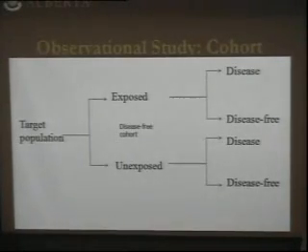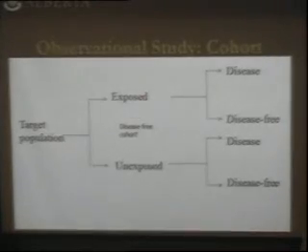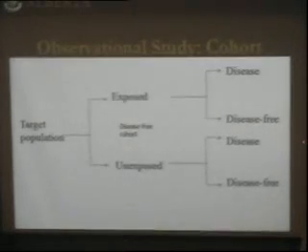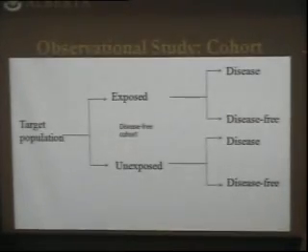There was a concern that women were having an increased number of abortions, spontaneous abortions, because they were sitting in front of a video display terminal. So what they did is they got a group of women, and then they determined who had been exposed to a video display terminal, who was unexposed, and then they followed them forward in time to see during their pregnancies whether or not they had a spontaneous abortion.